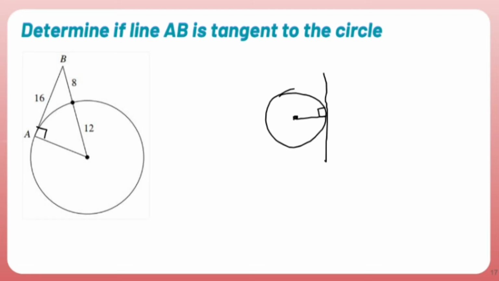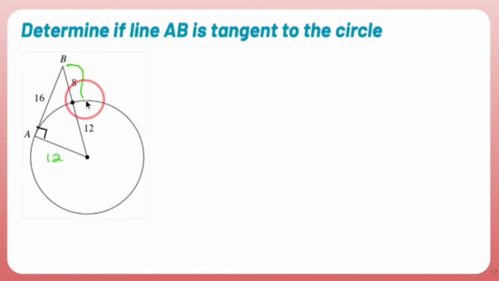Well, what information do I have? I have the fact that that radius is 12, which means this length right here is 12. I also know that this is 8, so this whole side is 8 plus 12, which is 20. So I have a triangle with sides 16, 12, and 20.